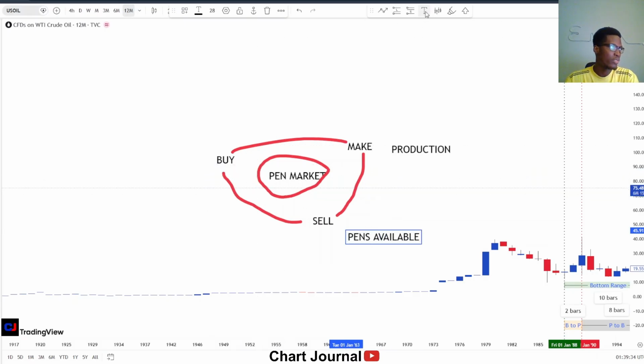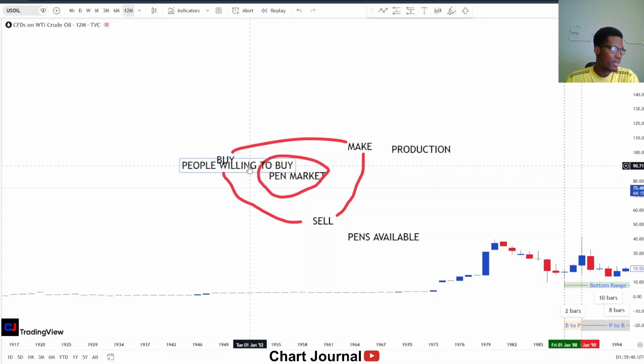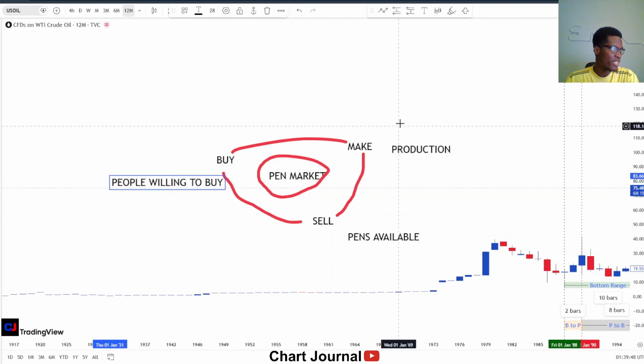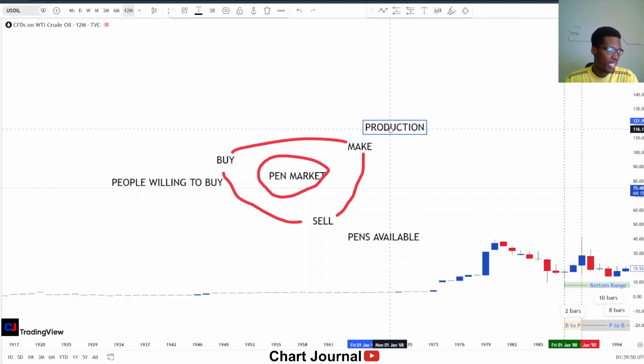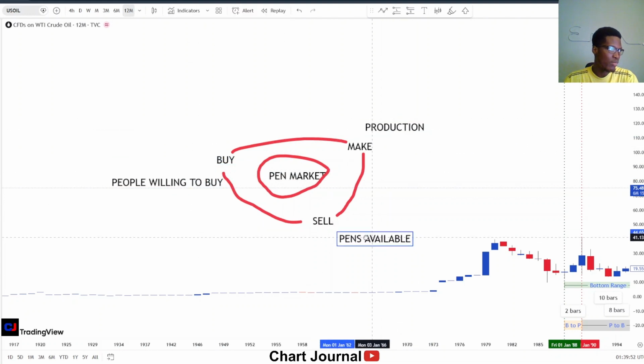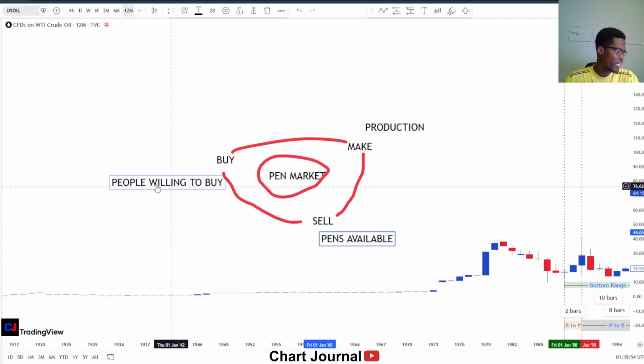Buy here is demand, or people willing to buy. So people willing to buy the pens is our demand. So this is what it means. Making the pen is our production. How many pens are available is selling, or supply. Then buy is how many people are willing to buy this pen. This is what I'm going to use to explain what an economy is.